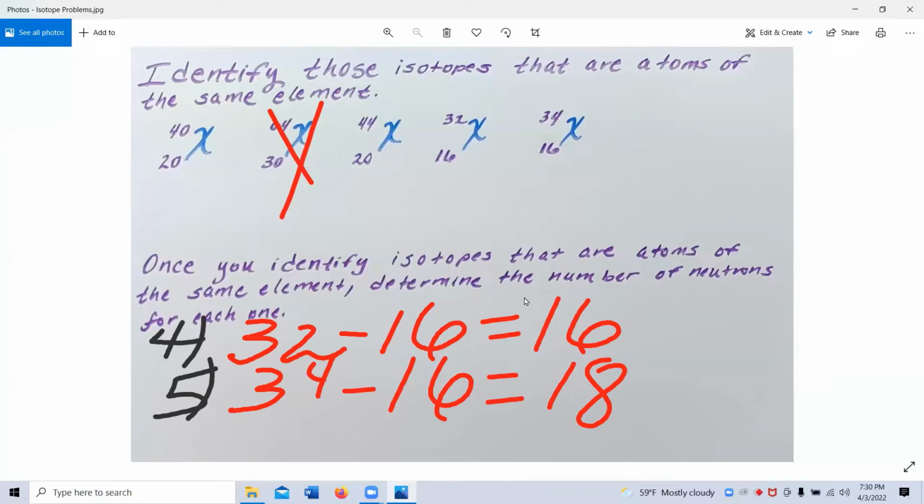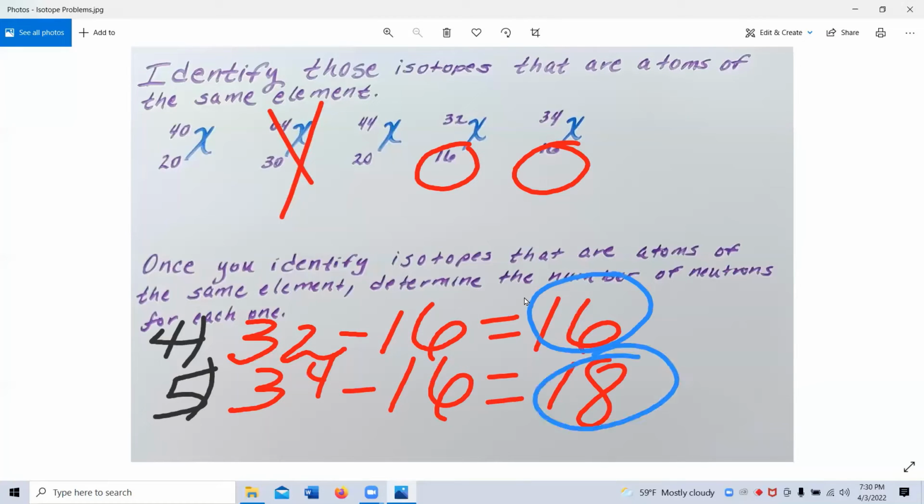Looking at the 4th and 5th element, they have the same number of protons, which is 16, but they have a differing number of neutrons, which is the 16 and the 18, which makes them isotopes or atoms of the same element. And what did we say this element was with atomic number of 16? The element is sulfur. And that's isotopes in a nutshell.